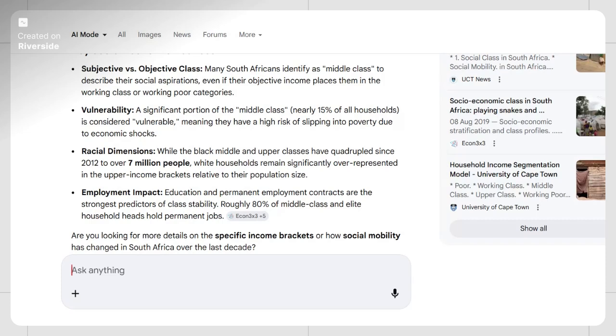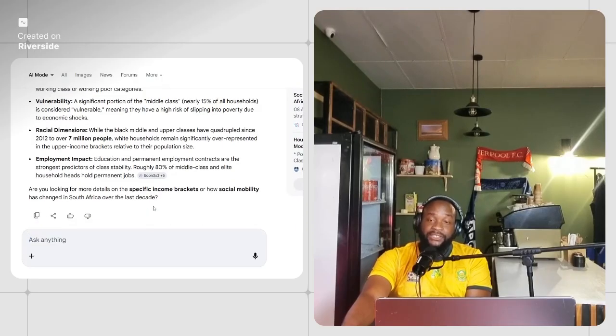Employment impact: education and permanent employment contracts are the strongest predictors of class stability. Roughly 80% of middle class and elite household heads hold permanent jobs. So South Africa is a country of education.